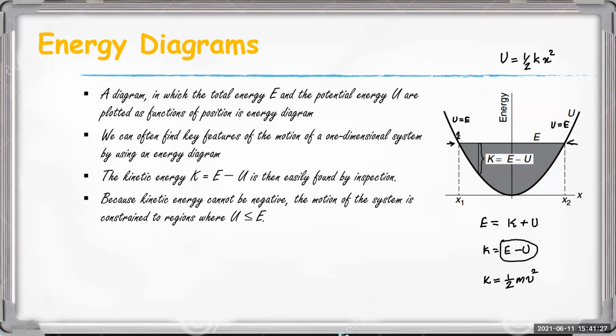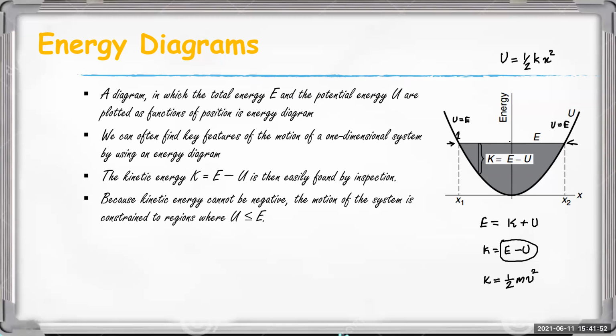And the motion is constrained to the region where U is less than or equal to E. So in this shaded region, this is the E and this is the U. This difference is the kinetic energy.